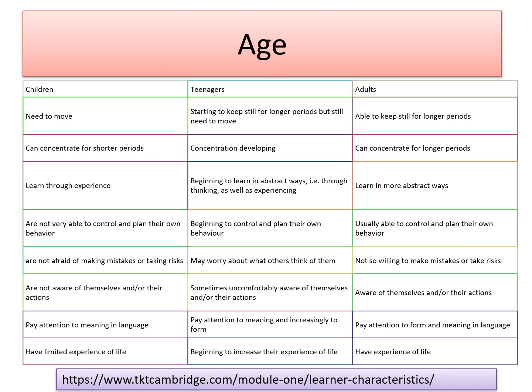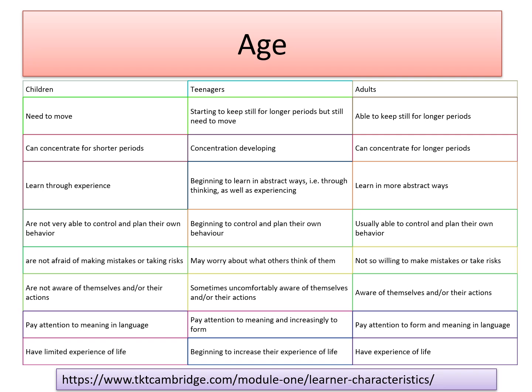As you see here, there are different characteristics for children, teenagers, and adults. So you can see children like moving a lot, can concentrate, but they have a limited attention span. They can learn through experience, learning by doing. They cannot learn by hearing about the language.